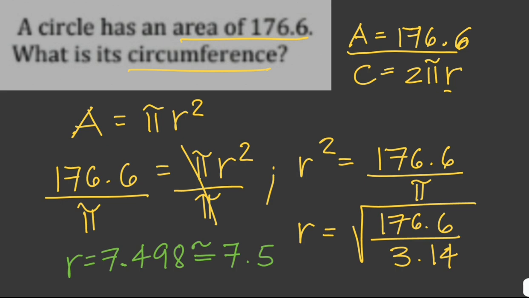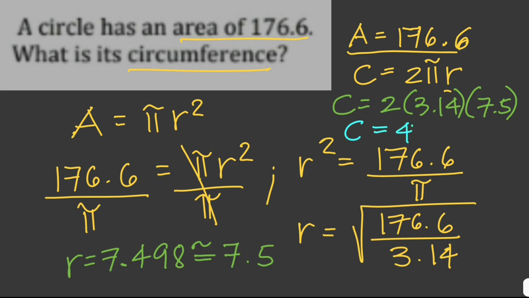And now we can solve for the circumference. So we plug in the value of the radius here. So 2 pi, which is 3.14, times 7.5. Okay, therefore the circumference of the circle is equal to 47.11.